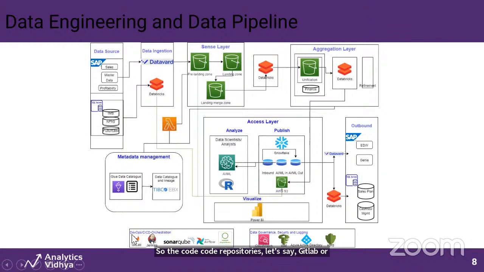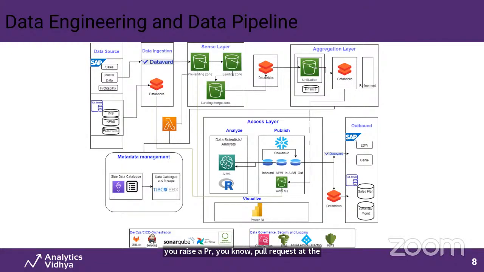Here we can have multiple branching strategies. One of the branching strategies may be based on your team or the features you are working on. If you are a lead, you create a feature branch. You have the task, and you do the code development according to the task given. Then you commit your code to your own user branch, and from the user branch, you raise a PR, or pull request or merge request, to the feature branch.